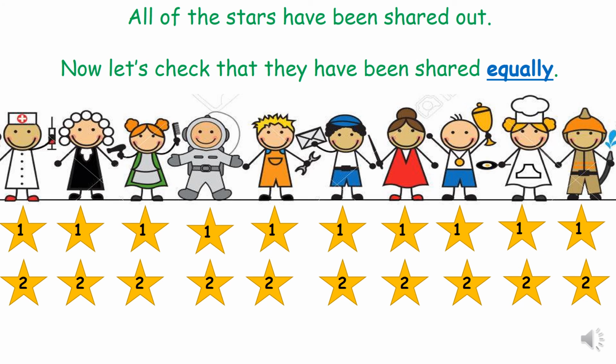All of the stars have been shared out, but we need to make sure that they have been shared out equally. How many stars does each individual person have? Yep, you're right. Each person has got 2 stars now. They all have 2 stars, so I know that's fair and I know that's equal.